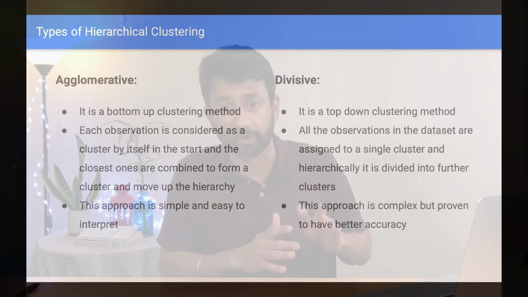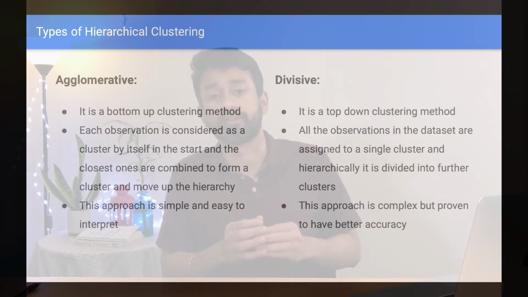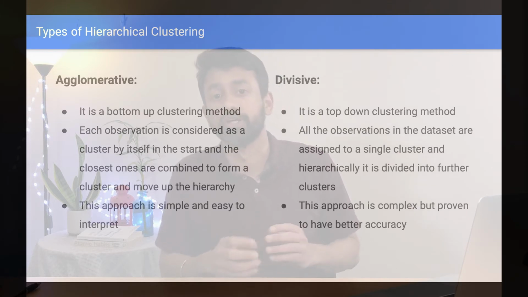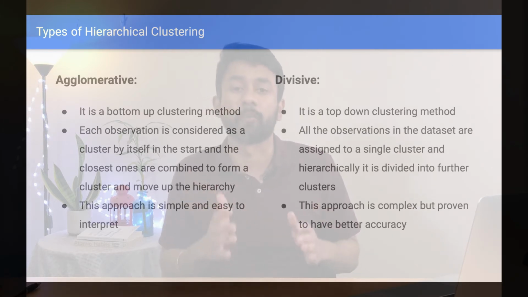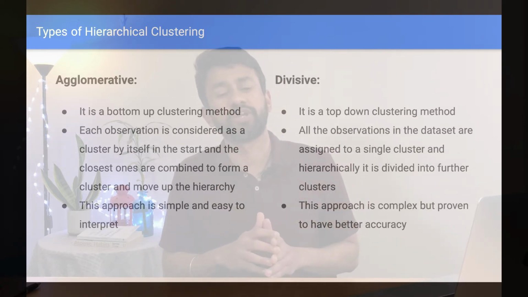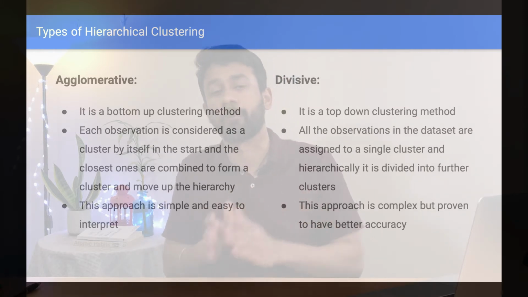So this is the agglomerative approach, which is considered a bottom-up approach, where we consider each observation as a cluster, start combining them together to form clusters, and stop only when all the observations are combined into one cluster. The next one is the divisive approach. It is called a top-down approach. Here we do the exact opposite.